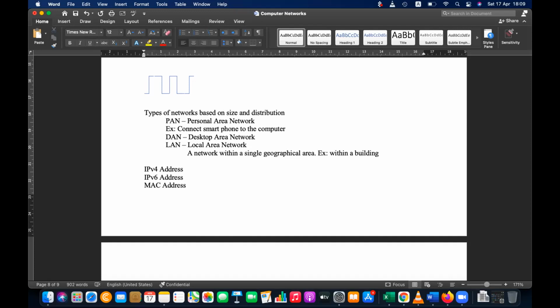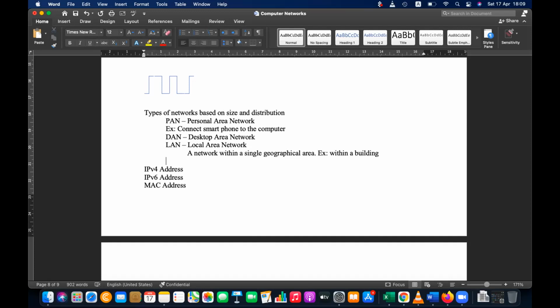Maybe the same temperature range, same wind, same latitude, longitude values. So no big difference. So we call it a local area network. Basically, a computer lab in your school or in a small shop, you can call that a LAN.